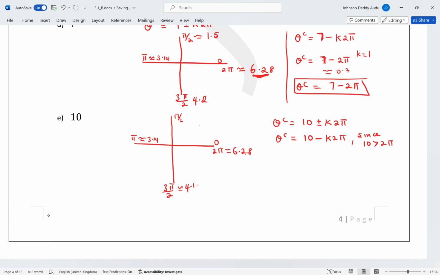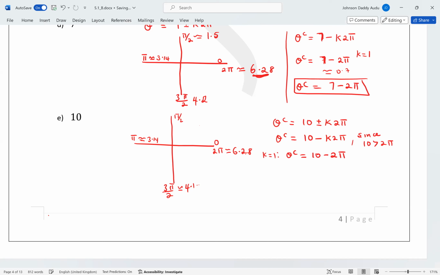Okay. Now you need to know, we can start with k equals 1 as well. If you start with k equals 1, the coterminal will be 10 minus 2 pi. But what is 10 minus 2 pi? Will it be okay? Let's see. I think it's fine.